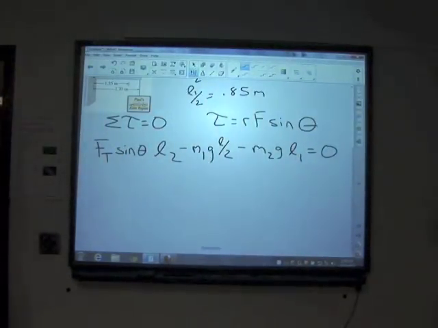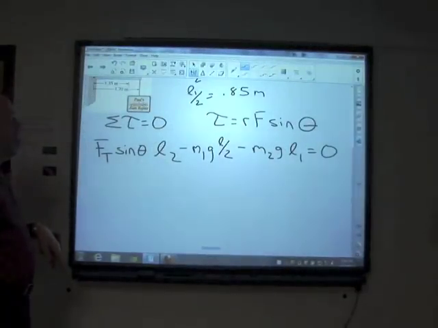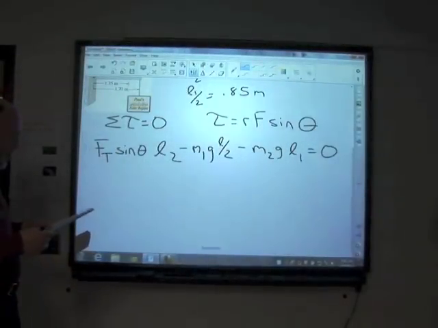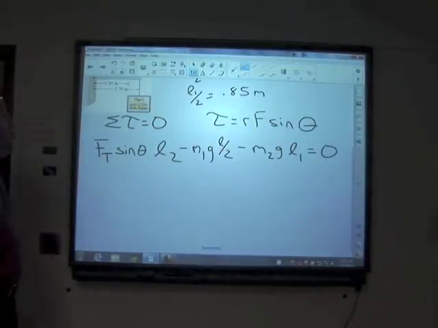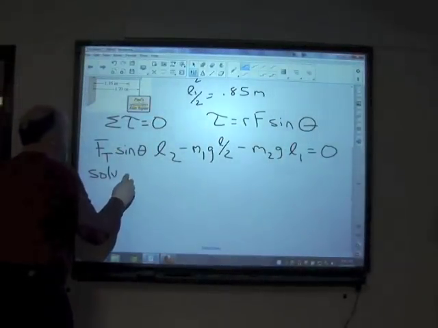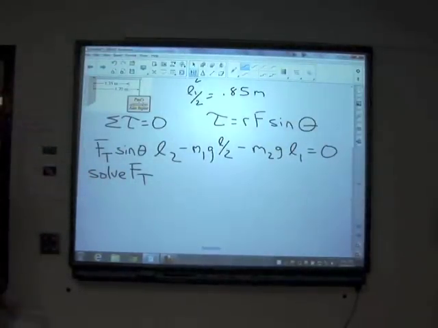In terms of the actual beam and my sign, they are acting at a 90-degree angle, and sine of 90 is 1, so that part goes away. And we want to solve this for F sub t, so really we want to solve this for the tension in the wire.